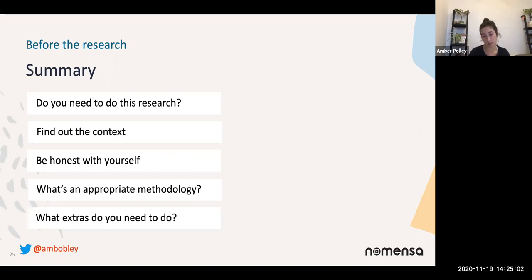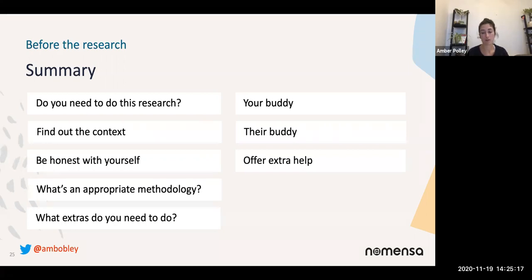What extras do you need to be doing? Who's your buddy going to be? Are they okay doing the research too? Who's their buddy going to be? Who's going to provide that professional support? And have you said that they can bring personal support for them too? What extra help can you be offering? How can you plan that in as well? And just add extra time as much as you possibly can.